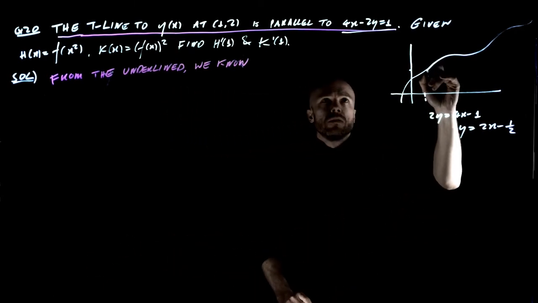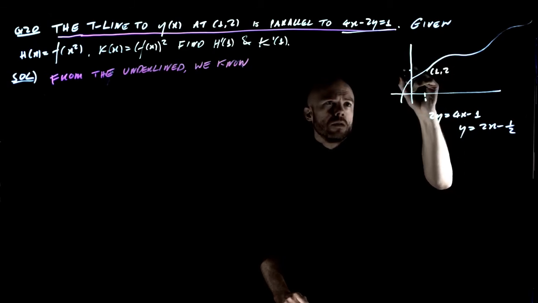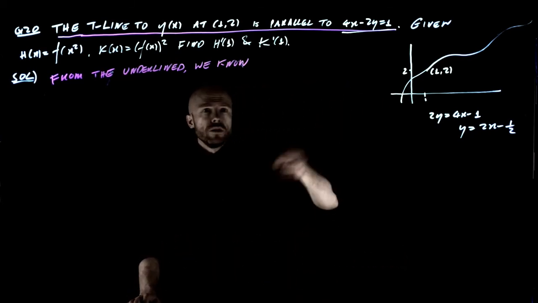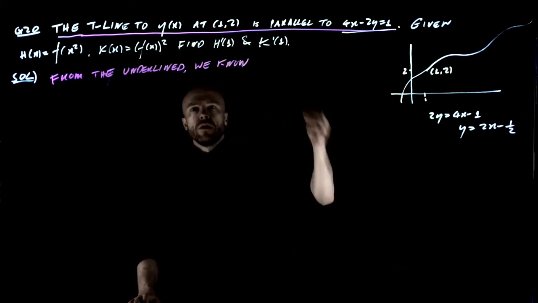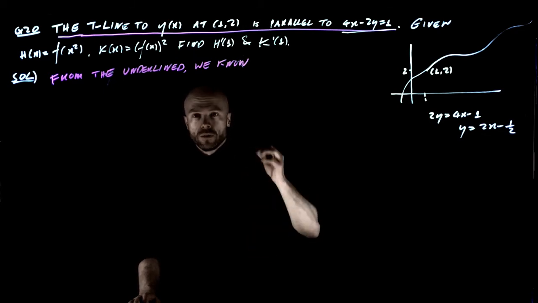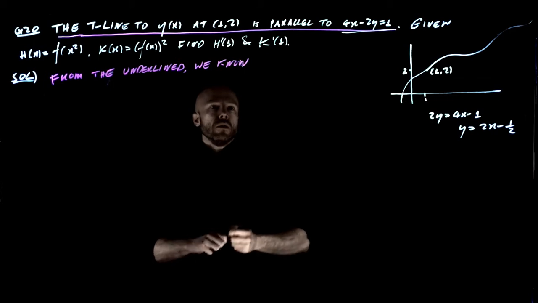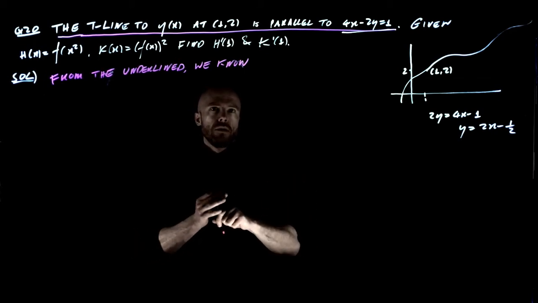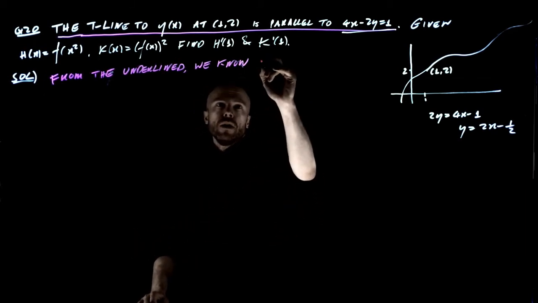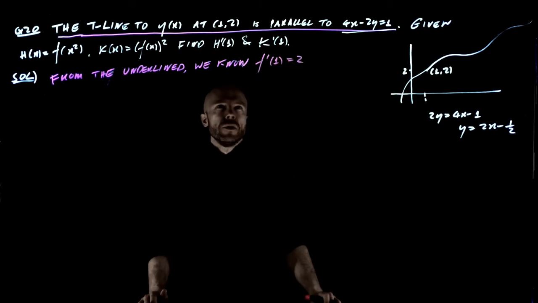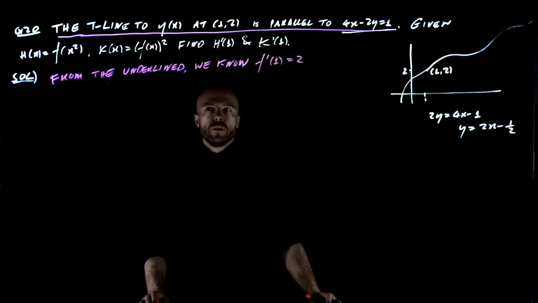This is the point, right? But we also know that the slope of the tangent line at 1, 2 is given by the derivative of the function at 1. Sorry, this is the x coordinate. So that means that we know that f prime of 1 therefore has to equal 2. That's what we can deduce from this underlined sentence up here.